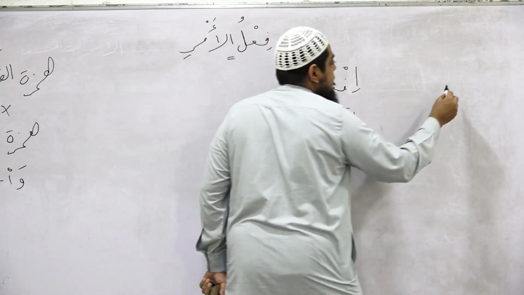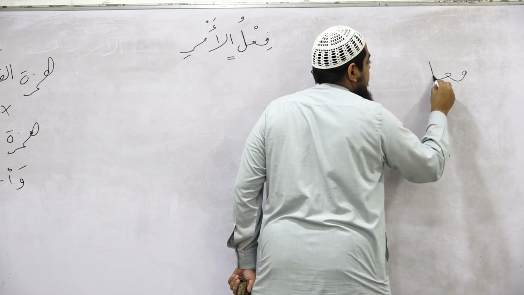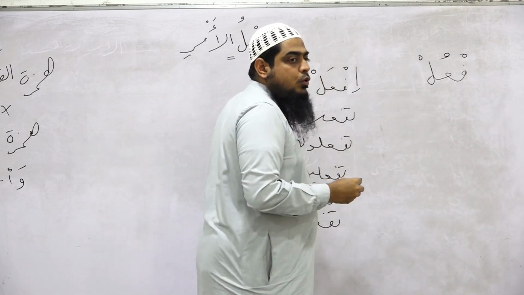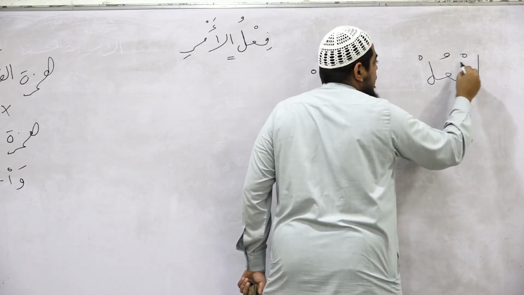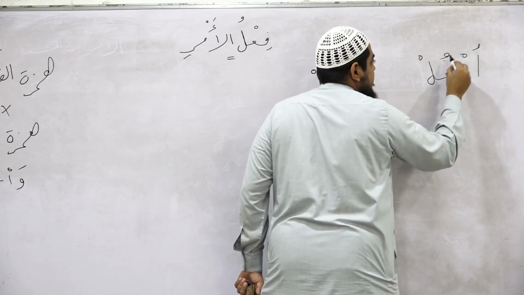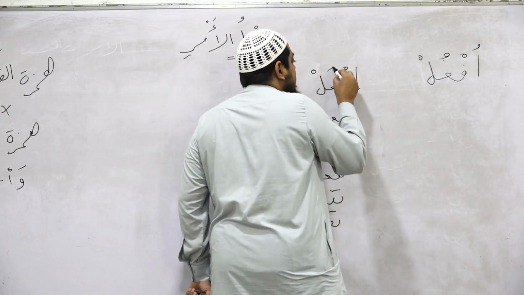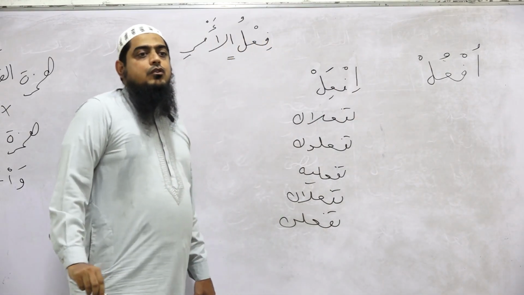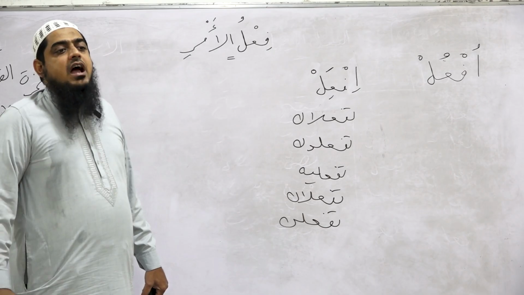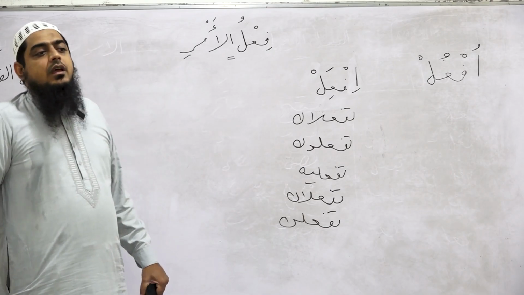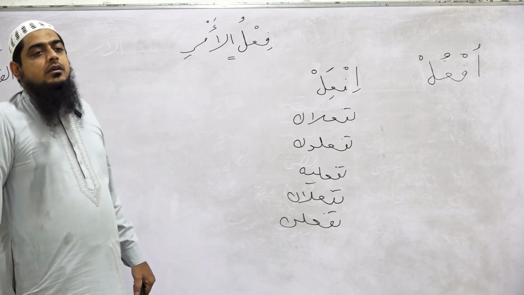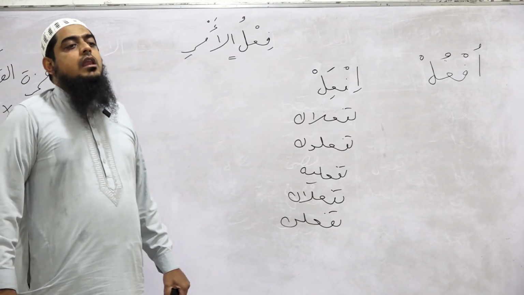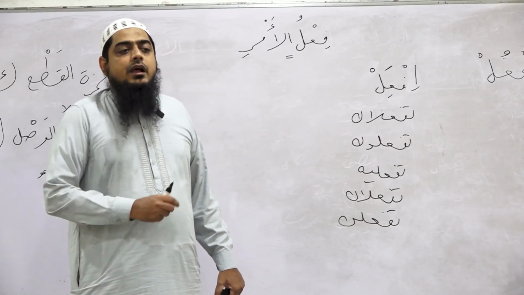For example, you have like this. What do you do? You put Hamzatul Wasl here and you put dhamma, because Ain Kalima is having dhamma. If Ain Kalima is having fatha or kasra, give kasra. So now it becomes if'al, do, ijlis, sit, idrib, hit, uqtul, kill, uktub, write.